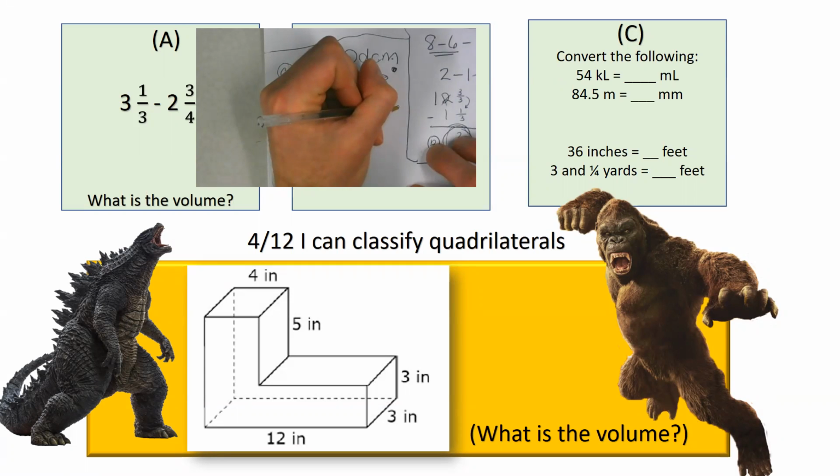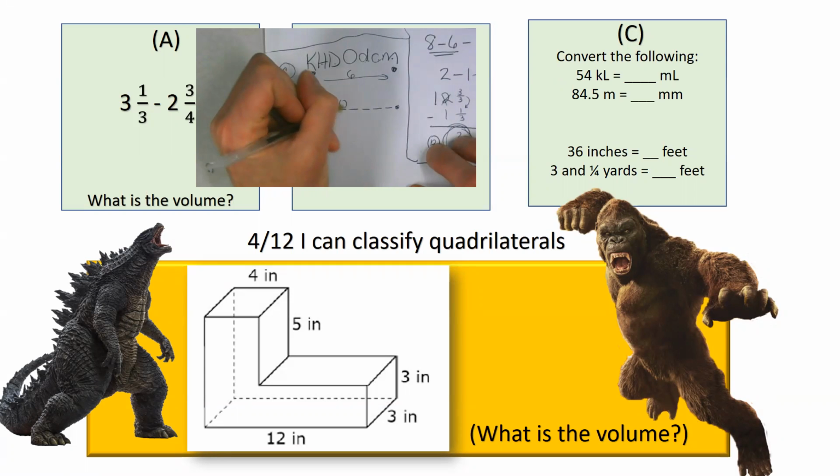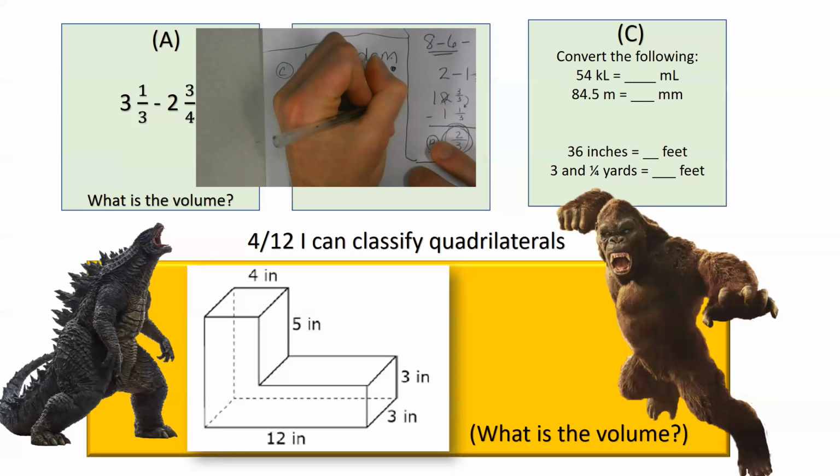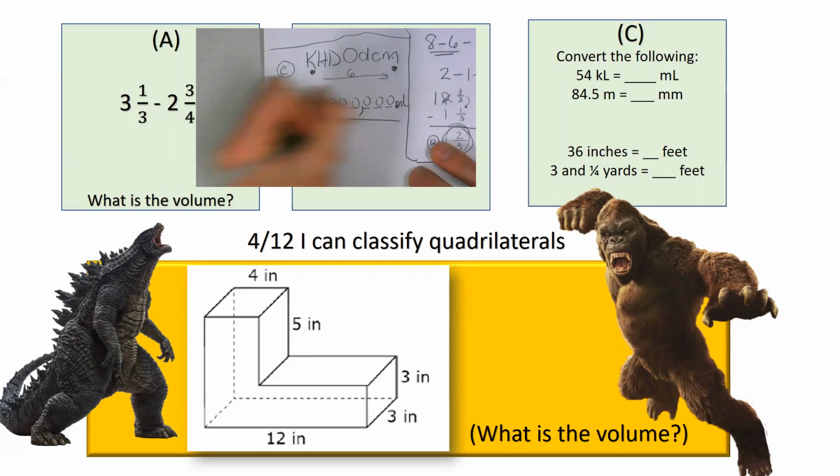Adding my zeros, and then throwing in my commas. 54 million! That's humongous. So it's equal to 54 million milliliters, which makes sense. 54 kiloliters is worth 54 million drops of water, or whatever it is. Yeah, water.